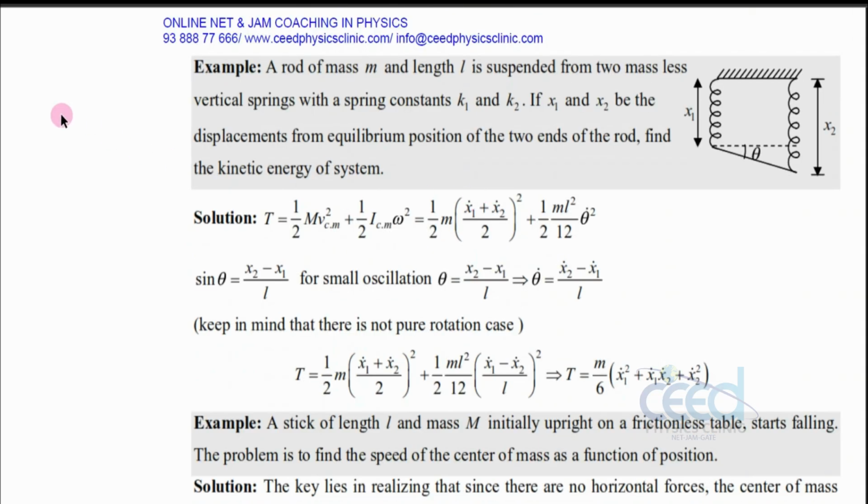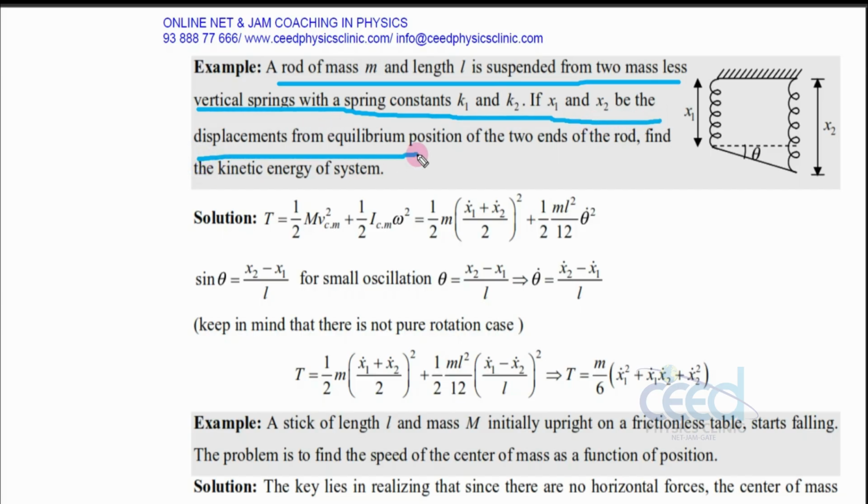See here, another question: a rod of mass m and length L is suspended from massless vertical springs with spring constants K1 and K2. If x1 and x2 are the displacements from the equilibrium position of the two ends of the rod, find the kinetic energy of the system.